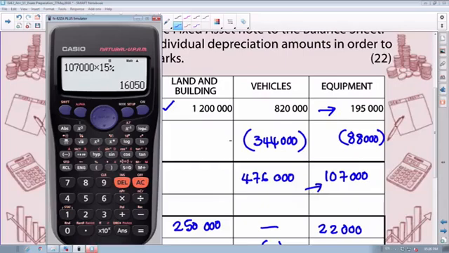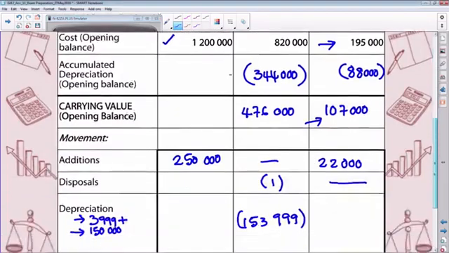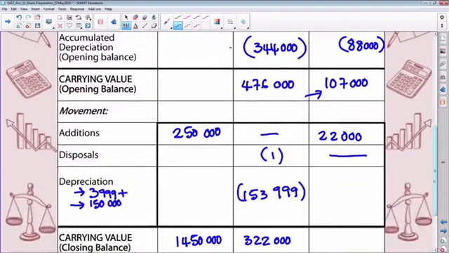So my A would be 107,000 times 15 over 100 times 12 over 12, indicating that I've used that equipment for the entire financial year. 16,050 is my figure. Remember, this is now the depreciation on the equipment.